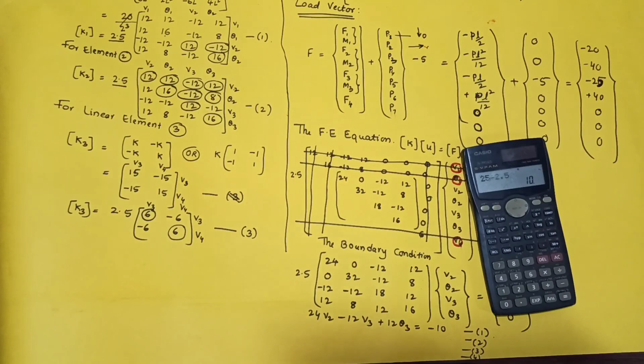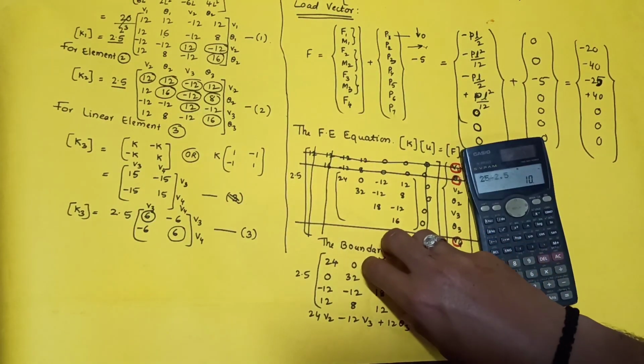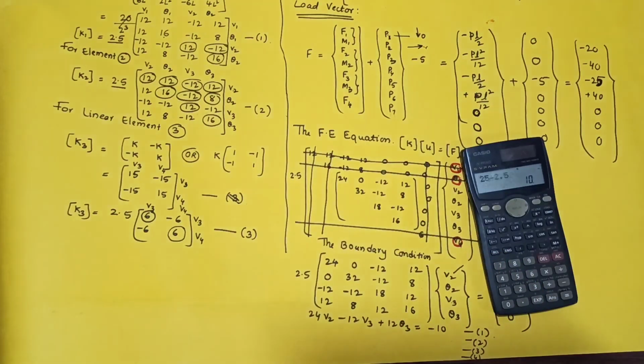Like that you can manually find all the displacements. Here V2 is the vertical displacement, theta 2 is the rotational displacement at node 2, V3 is the vertical displacement and theta 3 is the rotational displacement at node 3, and node 4 will have 0 values. If you want to know the procedure for this 4 by 4 equation, I have solved it in another problem. Only this I wanted to explain in this video.